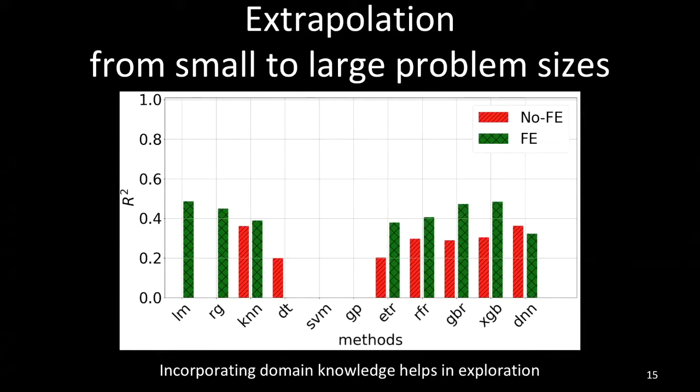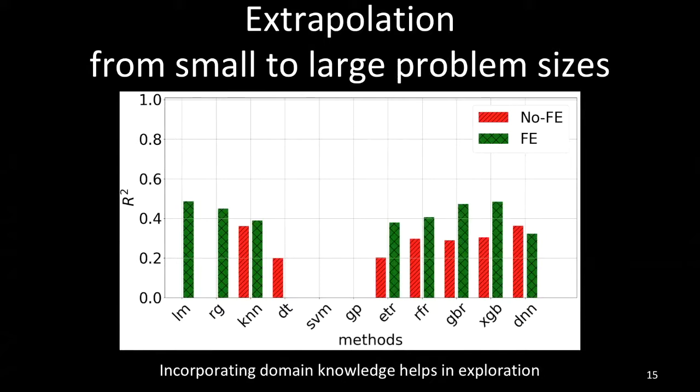But what you see here is with feature engineering, you can still do extrapolation. So incorporating the domain knowledge actually helps you to do extrapolation. It's not magic, right? You incorporated the domain knowledge, so the extrapolation results are going to be better compared to the other one, right? So that's why you see for the linear model and ridge regression with feature engineering, you have at least 0.4, 0.5 R squared when you do extrapolation.